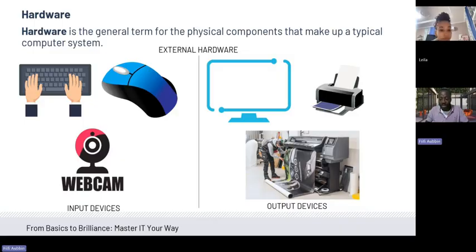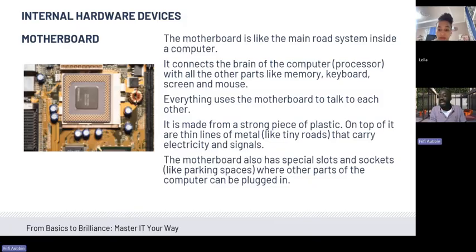Then you also mentioned the system unit. When we take the system unit of a desktop computer, the chassis, when you open it, you go into the internal components of the computer system. At this point, are you okay with the explanation? Yes. Okay. So when we get into the internal components, we have the motherboard.